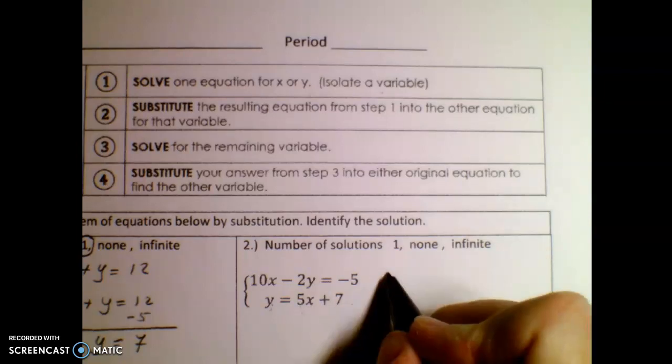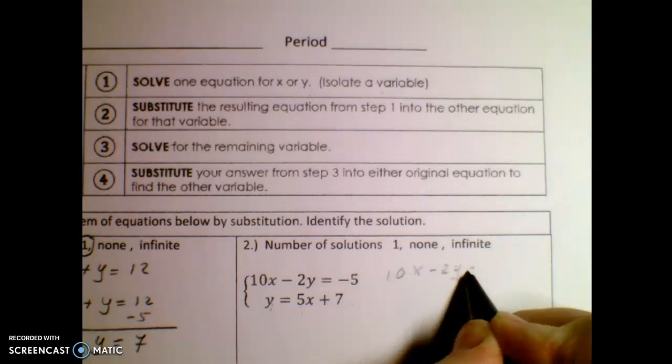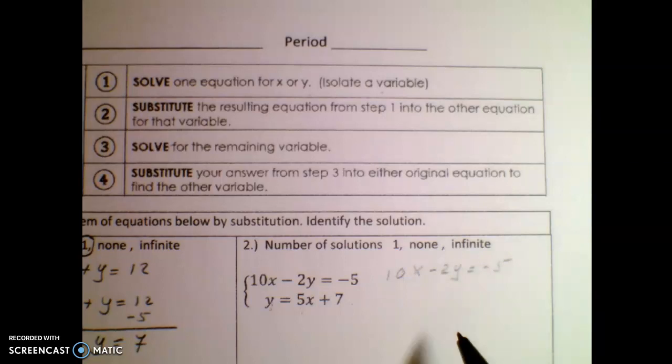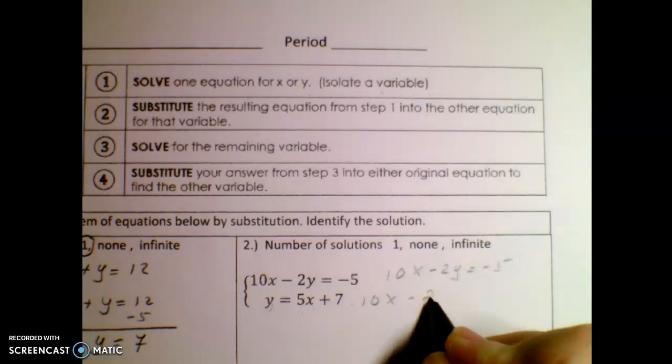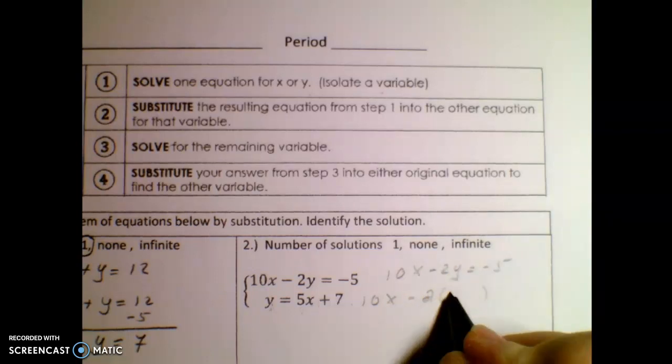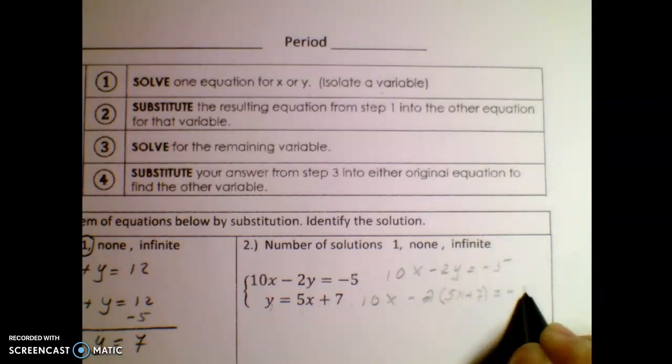So let's start by writing this equation. 10x minus 2y is equal to negative 5. And wherever there is a y, I'm going to replace that y with 5x plus 7. So we have 10x minus 2, and that's y, but y is actually 5x plus 7, equals negative 5.